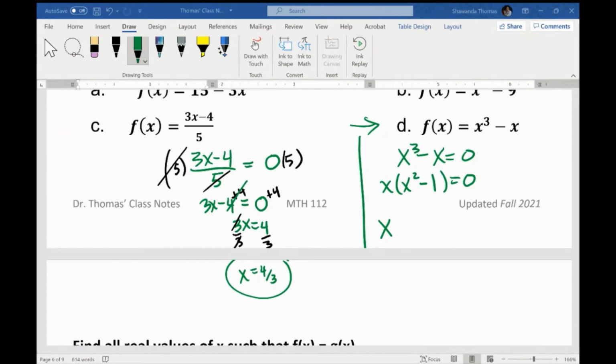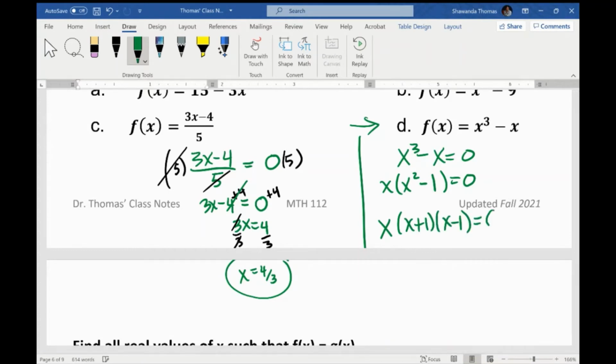X plus 1, x minus 1. Very nice. That's what we call a difference of squares.